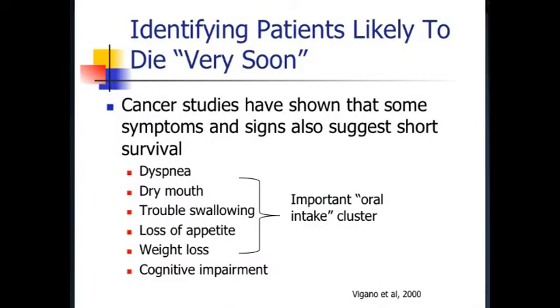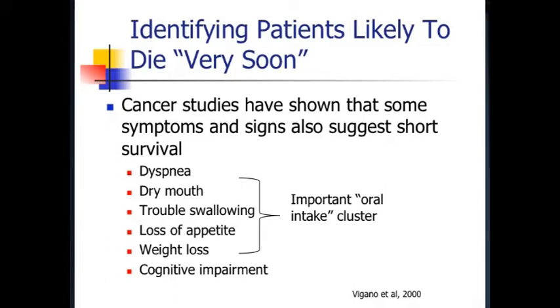So let's look at some of these other studies. Again, we're talking about patients who are on a declining course from a chronic progressive incurable illness. And the goal is to have some sense that they may be moving from death is possible within weeks to months to death is going to happen very soon.